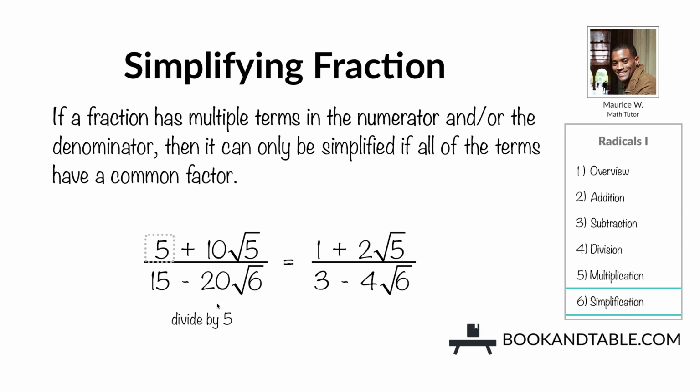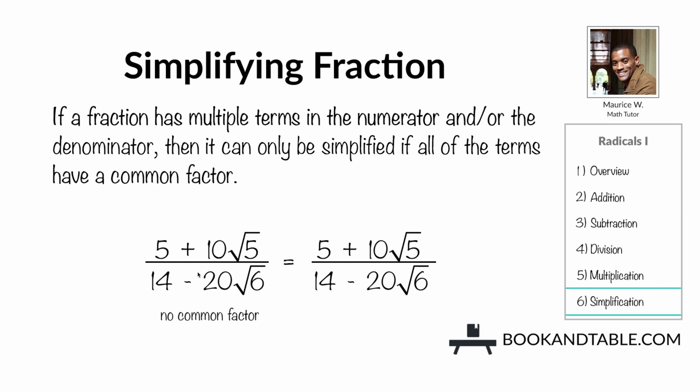And in this case, we can divide each one by 5. 5 divided by 5 is equal to 1. 10 divided by 5 is equal to 2. 15 divided by 5 is equal to 3. And 20 divided by 5 is equal to 4. So when we simplify this fraction, you get 1 plus 2 radical 5 divided by 3 minus 4 radical 6.